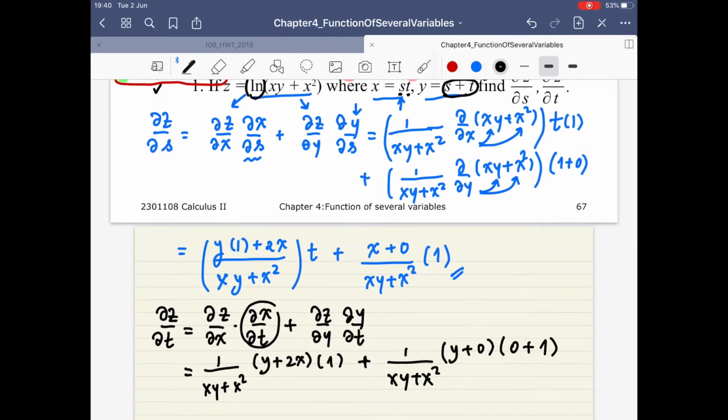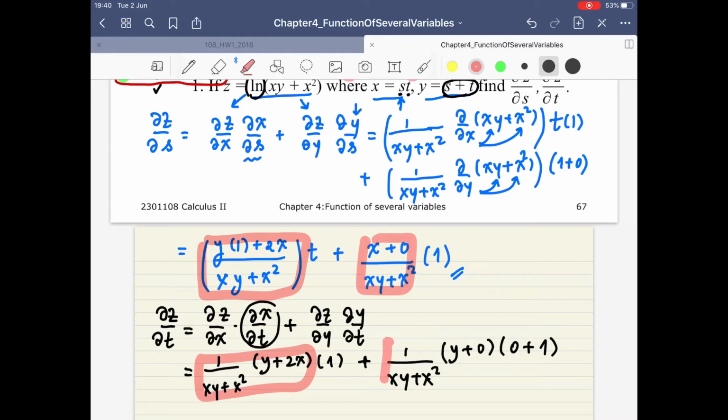So please also notice that, maybe look at this one better. This one and this one, they are the same. This one and this one, they'll be the same. Let me just change it into the same color.